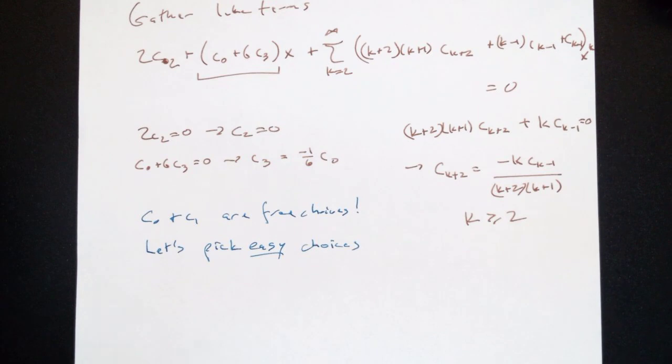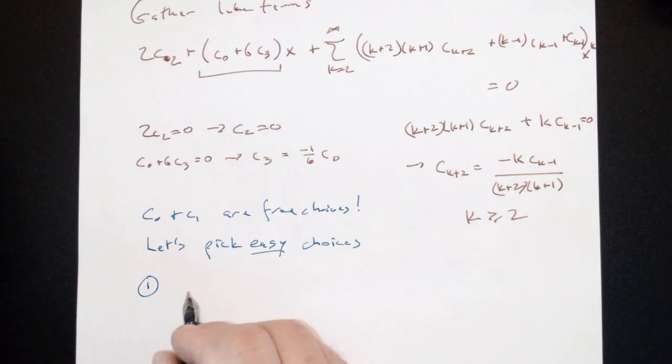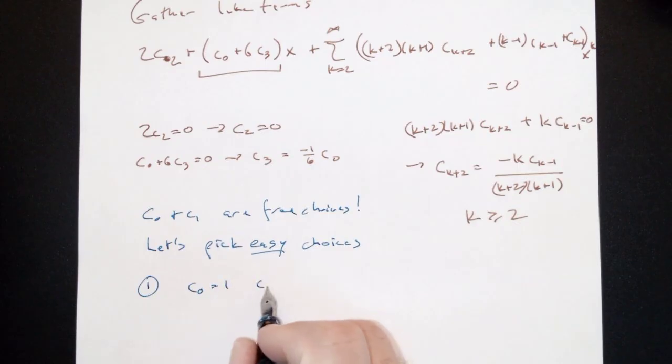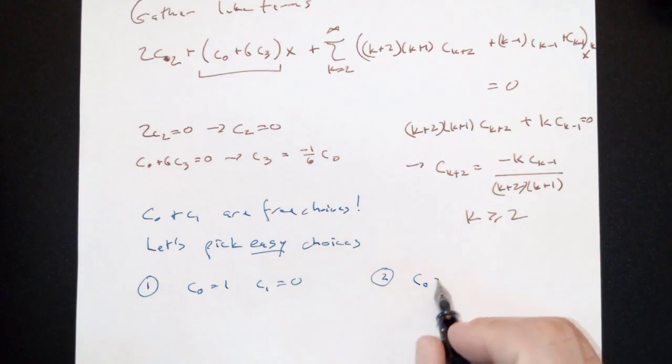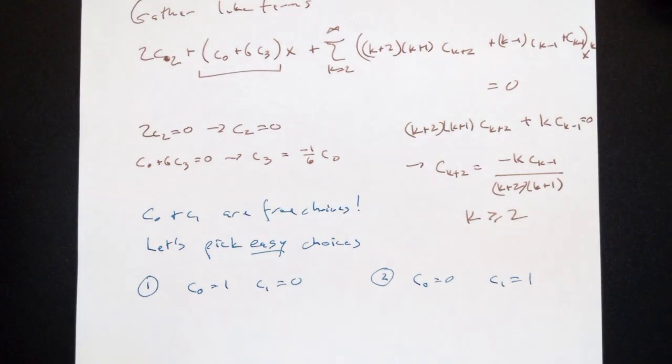My first set of choices is going to be c0 is 1 and c1 is 0. My second set of choices is going to be exactly the other way around: c0 is 0, c1 is 1. If we go back and look at the example we did yesterday, this breaks up the evens and the odds. This makes my power series expansion easier to find because a whole bunch of stuff is equal to 0.